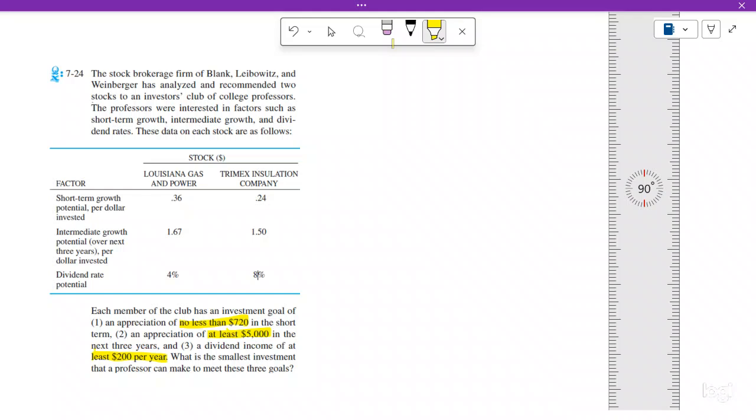All your constraints imply that we are minimizing, because you want the minimum value that you can invest.